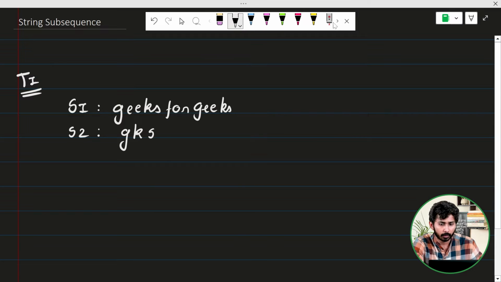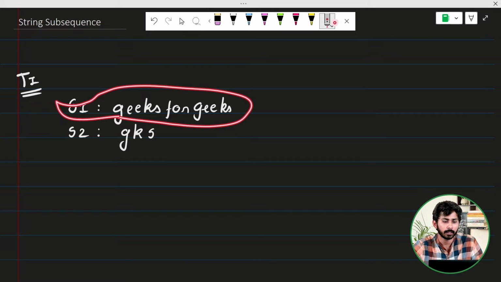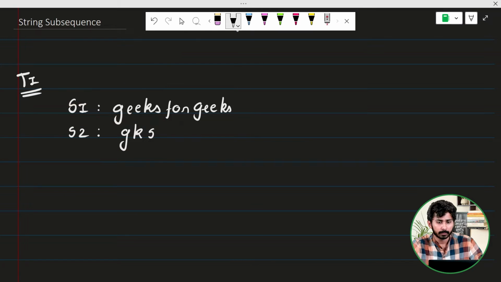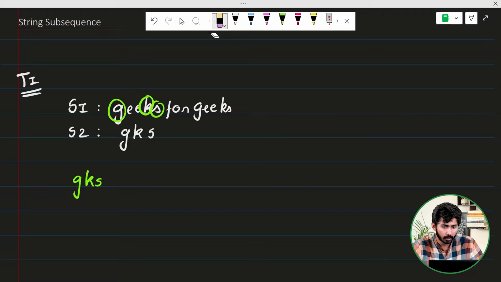The question says to find all the subsequences of s1 that are equal to s2. If I point out one subsequence, I'll select this g, this k, and this s. So gks, this is one of the subsequences that I found. Now instead of selecting this s, I'll select the last s. So this is one more subsequence, gks, right?